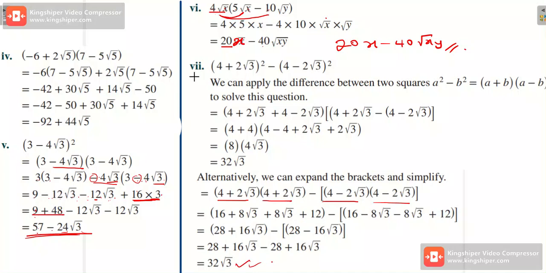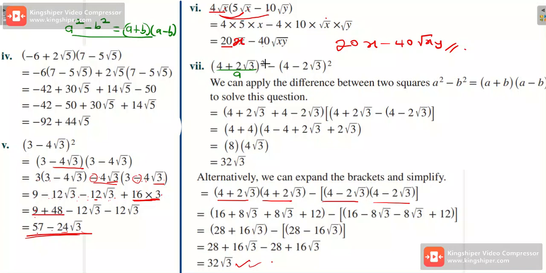The difference of two squares. Now you have to know that if you have a squared minus b squared, this is difference of two squares. This can be factorized as a plus b multiplying a minus b. So we are going to apply this concept to solve this. Now take note that let this whole expression be a.